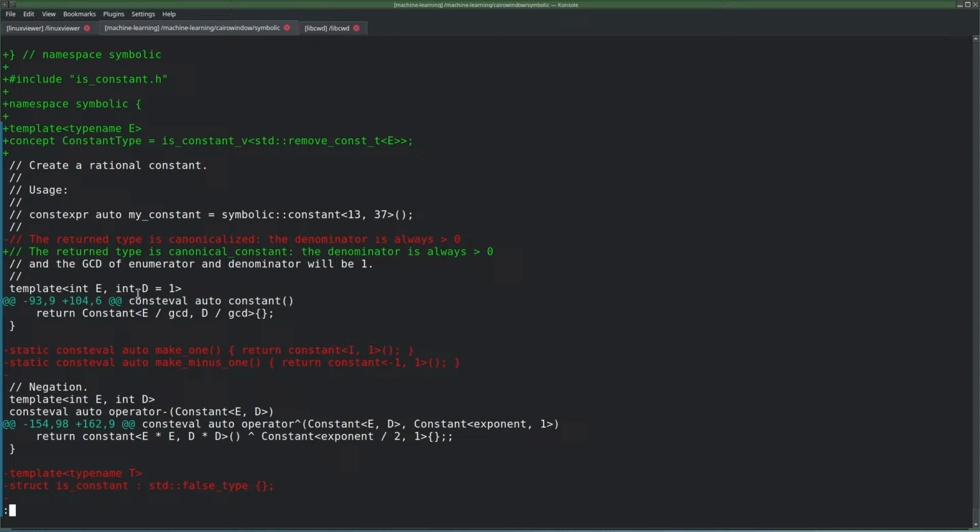I barely did a search and replace for canonicalized, but it is just English, so it should stay like that.